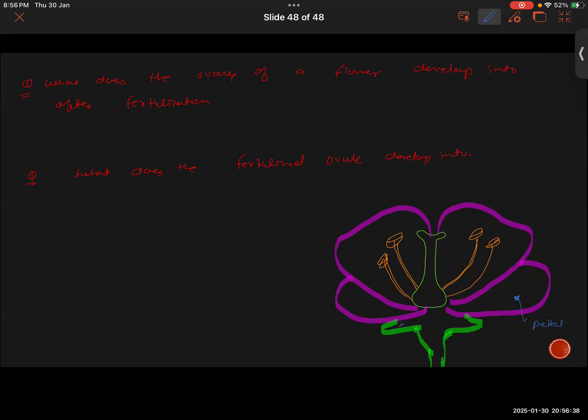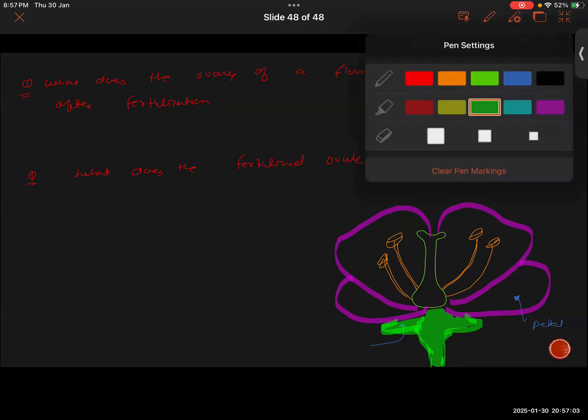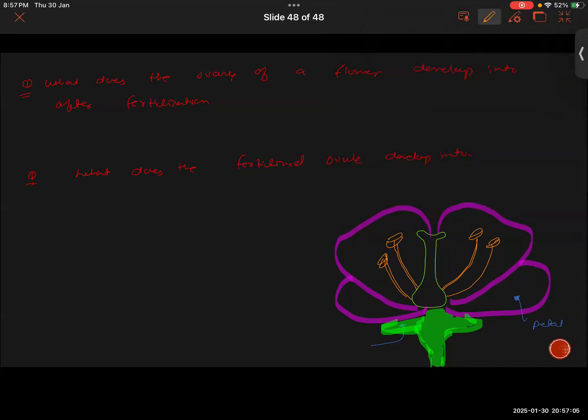Ayush, what do we call this part of the flower? The one in green color, which kind of looks like a leaf. It is sepals, sir. Exactly. It is sepals. Good.